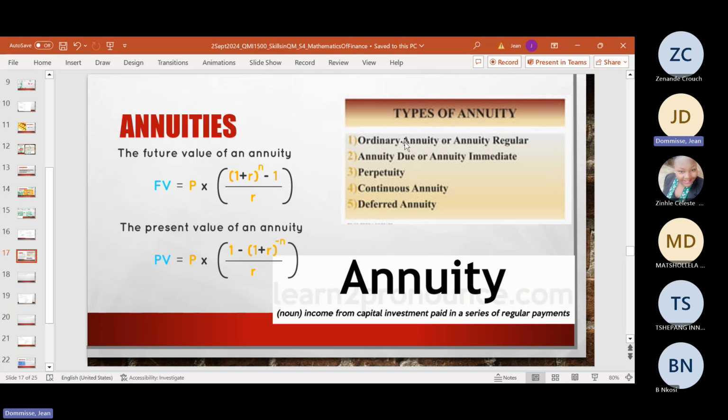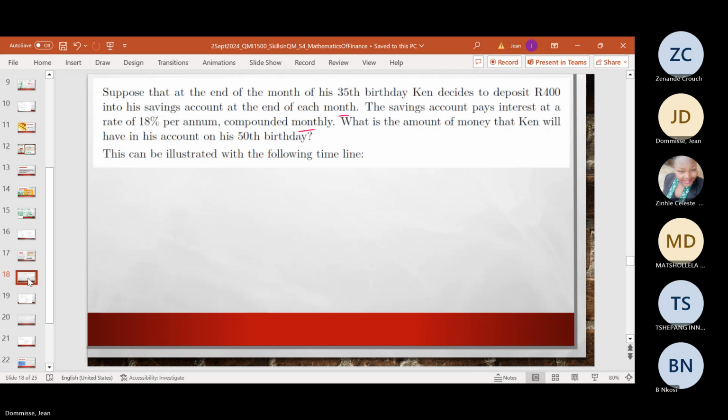But we will look at that because where it will be different is we will have a different formula, and you will need to do something on your calculator as well. But let's look at one or two examples.